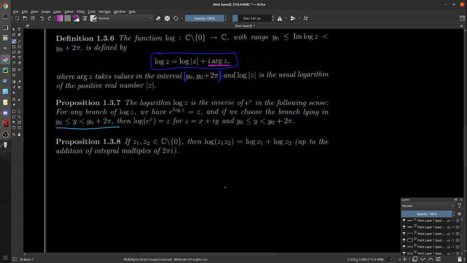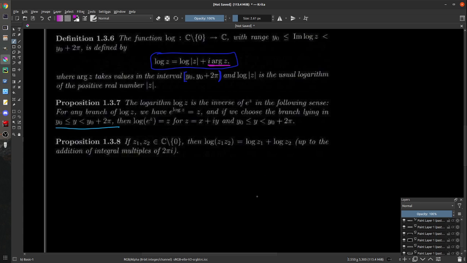Namely, you'll have to essentially take this piece mod 2 pi, basically. If you're adding and it takes you out of this interval, then we're going to have to put it back to where it should be. Does that make sense? So it'll have to stay in here.